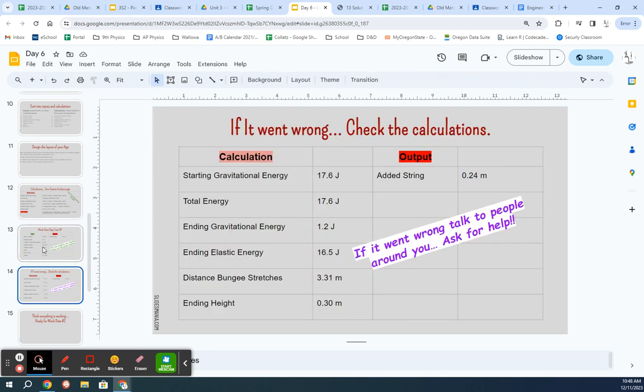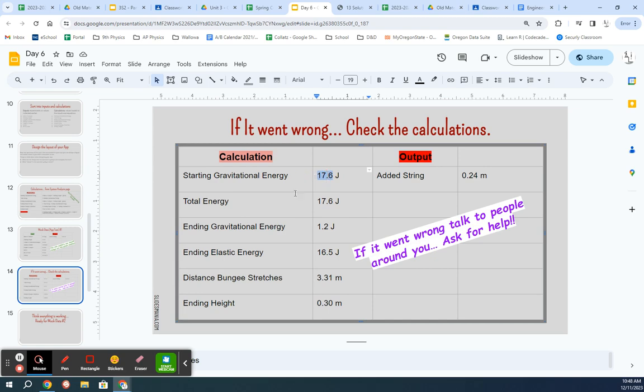So with the numbers that we had, these are the output calculations that should show up. If one of these isn't showing up, that tells you where the mistake is, right? If your starting gravitational energy is something other than 17.6, then your app is not multiplying things correctly to give you the correct starting energy. Remember, that was mgh.